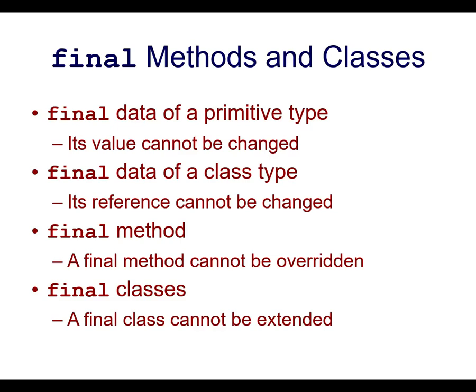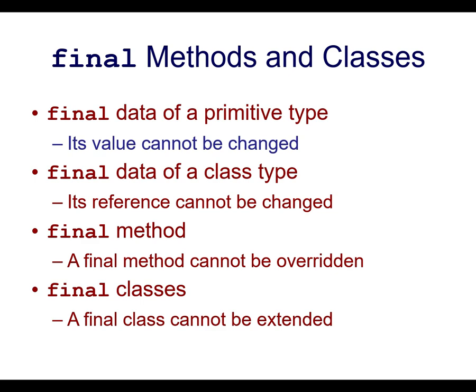We conclude with an explanation of the meaning of the reserved word final when it is applied to methods and classes. First, let's review the meaning of final in other contexts, beginning with its meaning when it is applied to primitives. When we include final in the declaration in that case, we are stating that the value cannot be changed.